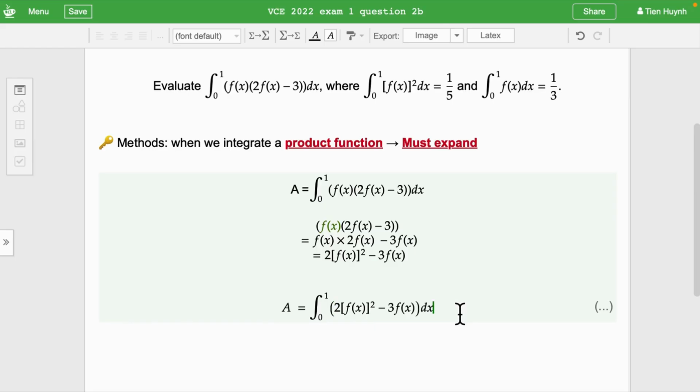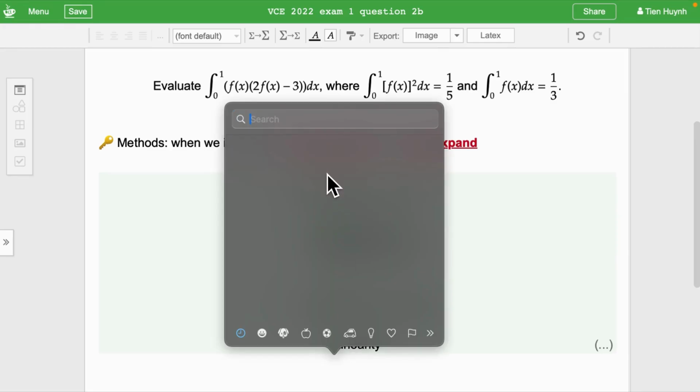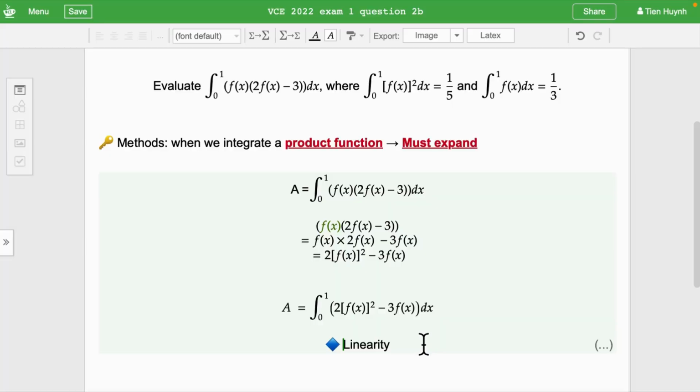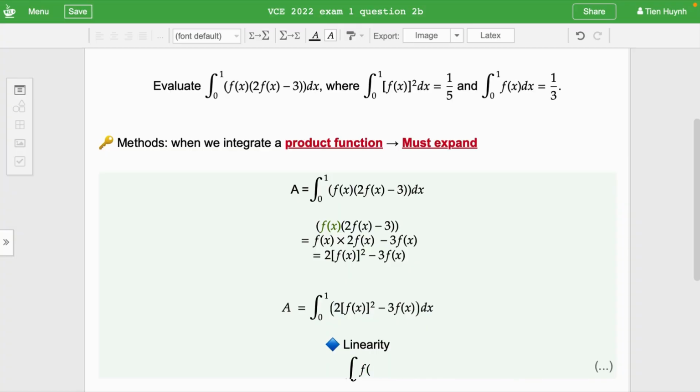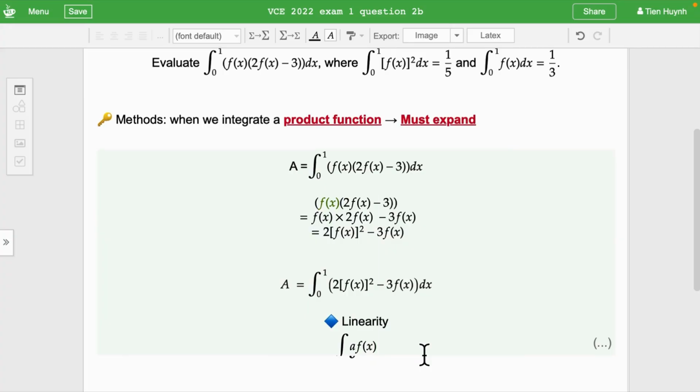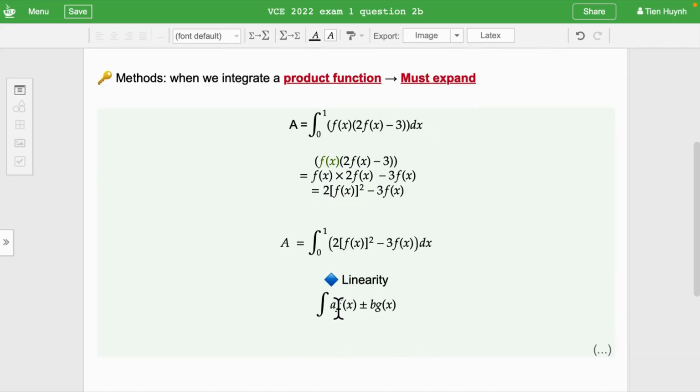Up to this stage, what should we do, everyone? One thing that we must use is linearity. What is linearity? It will be this formula here. If you have the integration of, I'll make it more general, a times f(x), plus or minus b times g(x), and you want to integrate this.